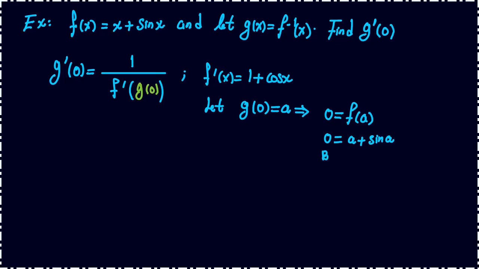So by inspection, a has to equal 0, since 0 plus sine of 0 is 0. So we just found a, which is the same as g of 0.